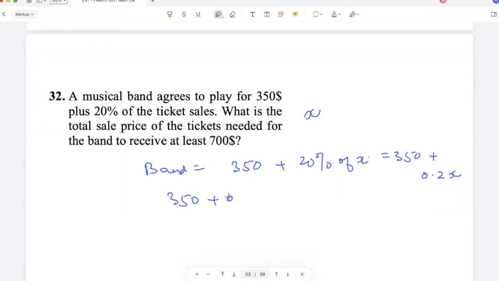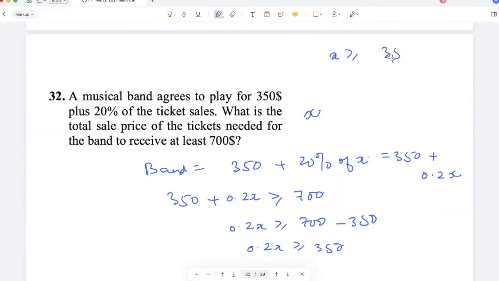So 0.2x should be greater than or equal to 700 minus 350, which is 350. So x should be greater than or equal to 350 by 0.2, which is 350 times 5, 1750. So the minimum that the sales need to be is 1750.